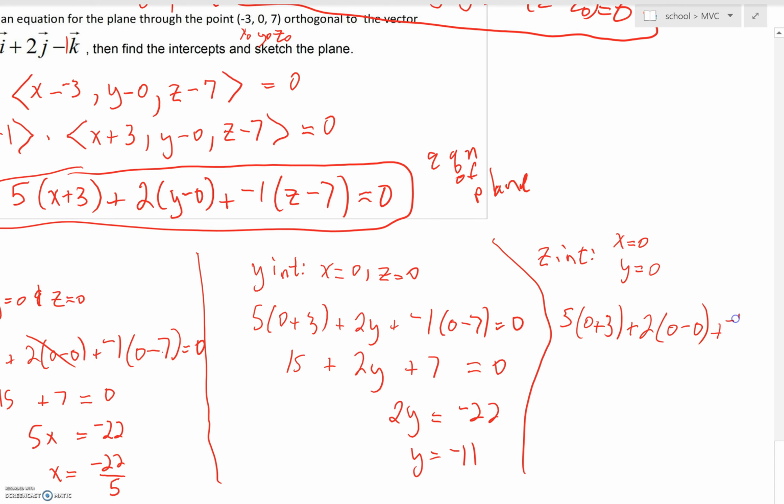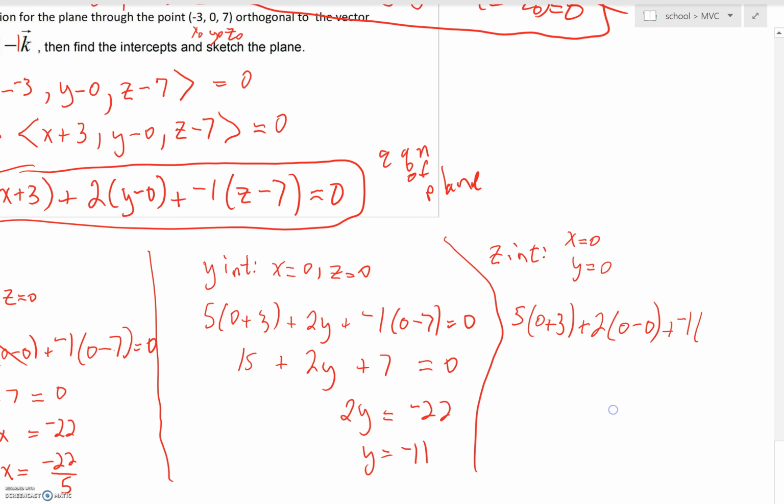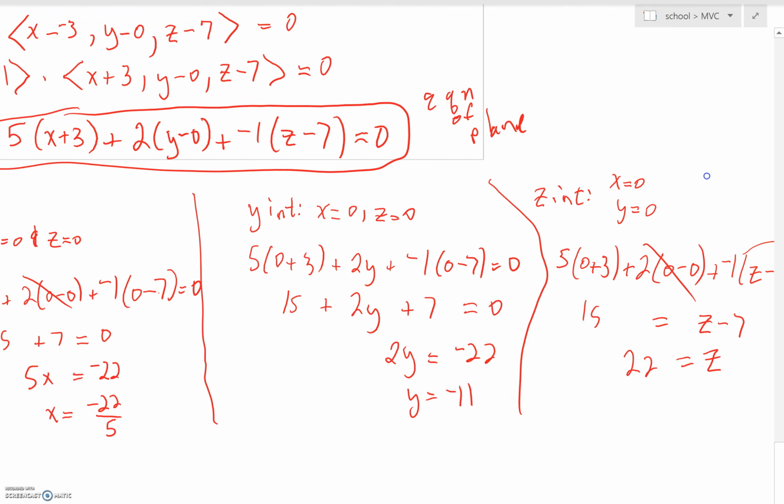Then right here we'll have our negative 1 times z minus 7 is equal to 0. Well, this will be a 15. This is going to wipe out. We can even bring this over to the right side if you'd like to. That might be a nice way to do it. Just add a z minus 7 right here. Then add a 7 and you'd get z equals 22.